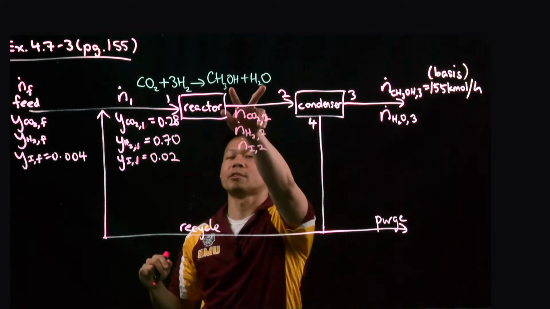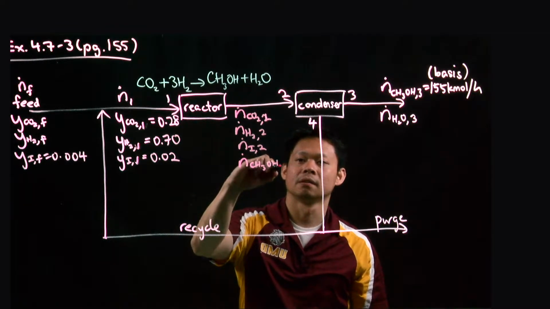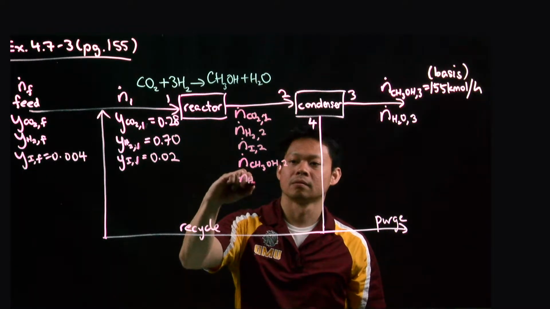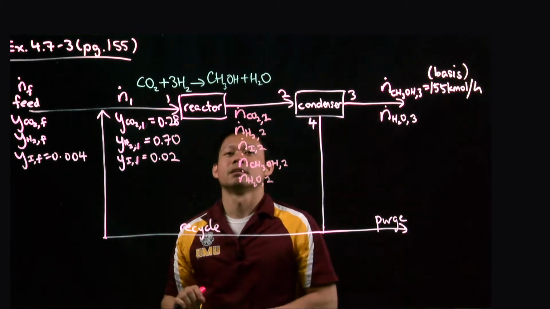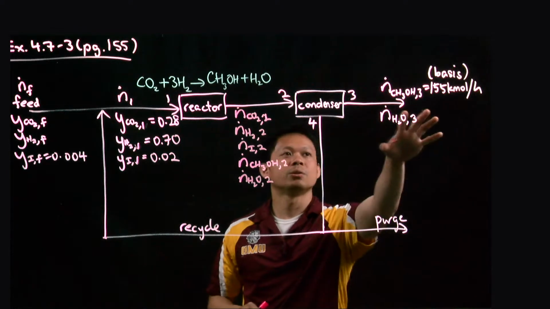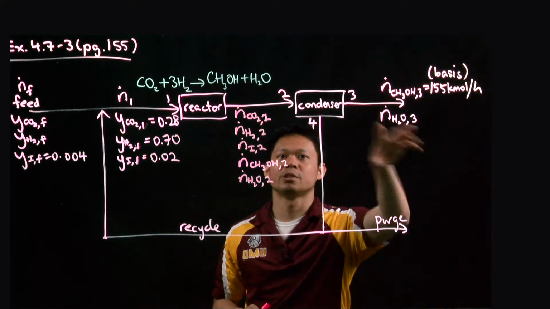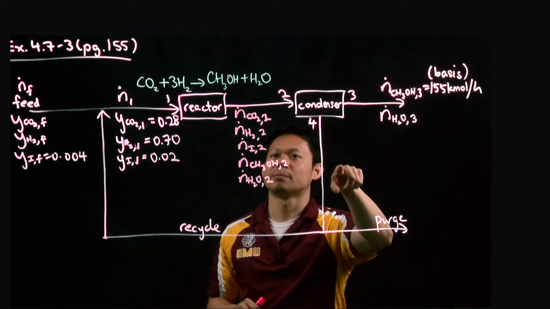And at the same time, we're going to have our products. So now we have everything that's coming out of the reactor. This is going to go to a condenser. We know that all the methanol and the water is going to come out down here, which means these three are going to come out down here.